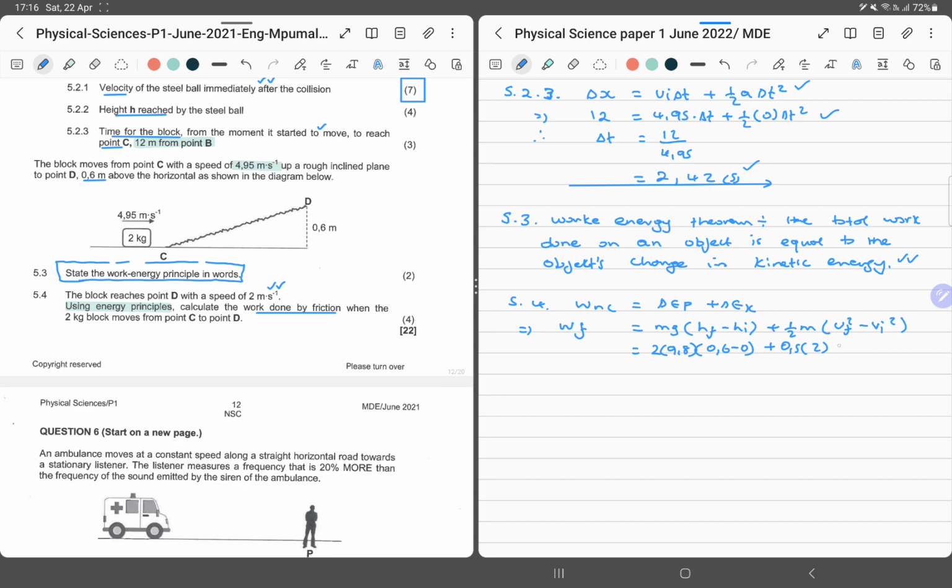The mass is 2. Then the final velocity there was 2 meters per second, minus the initial velocity here, which was 4,95, squared. So the calculation is getting a little bit hectic.